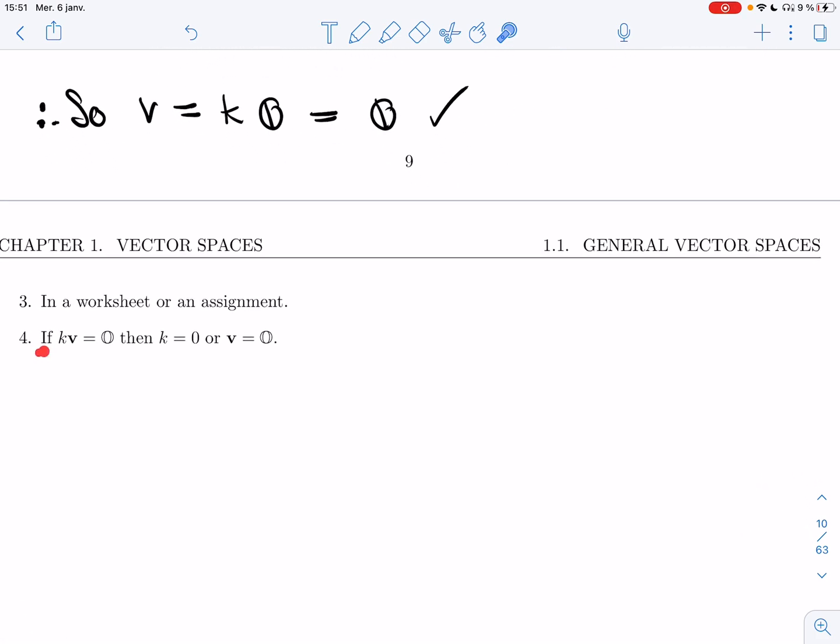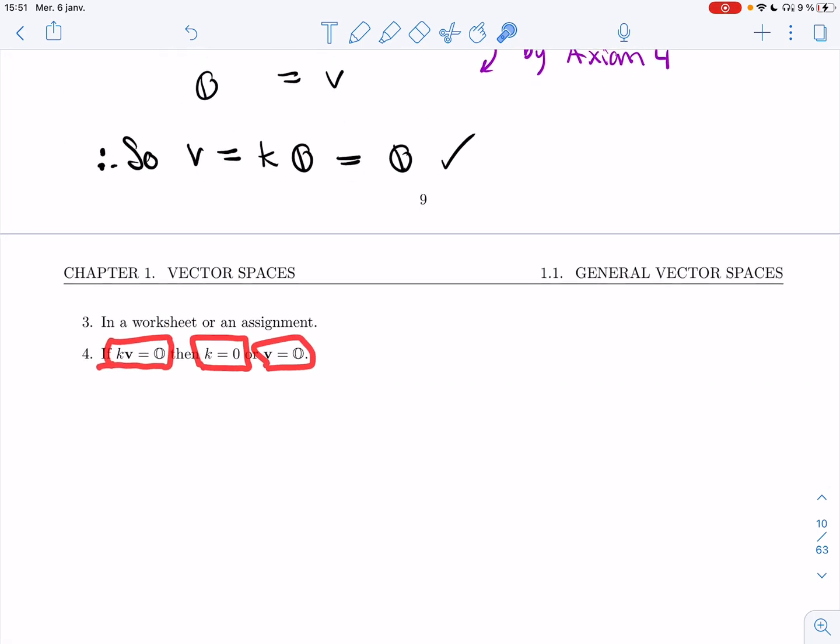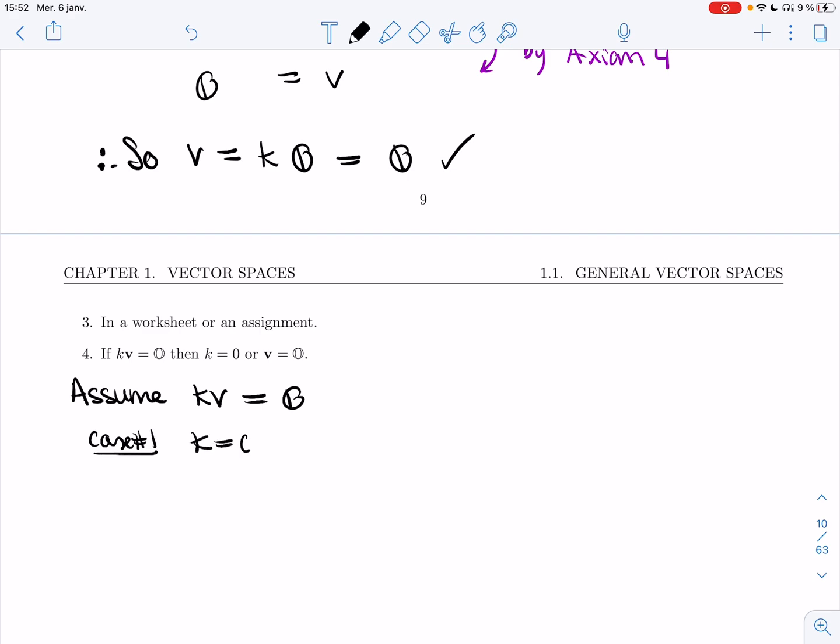I want to prove that if k times v is 0, then either k equals 0 or v equals 0. All right, so we start by assuming that k times v is 0. And then let's break it down into two cases. Case number 1, k is 0.